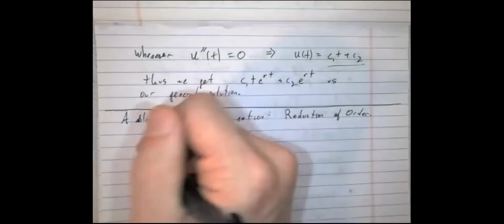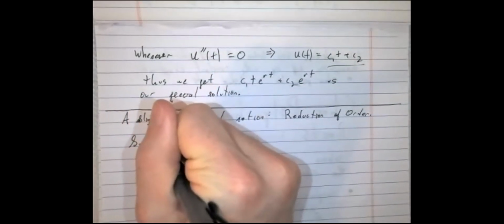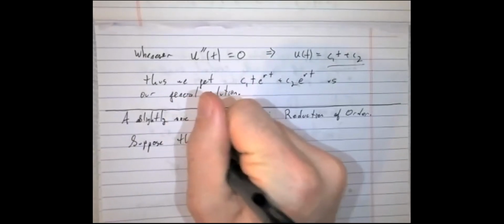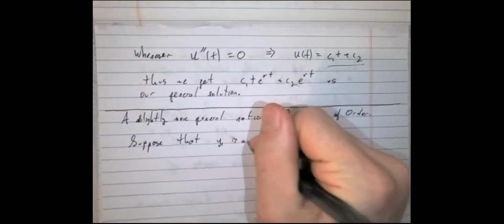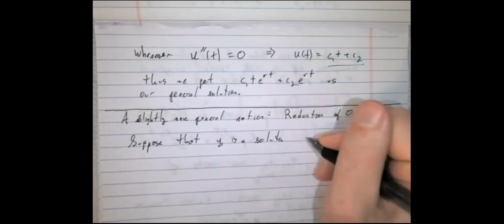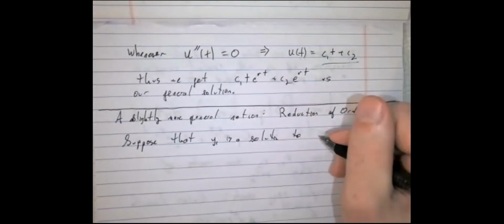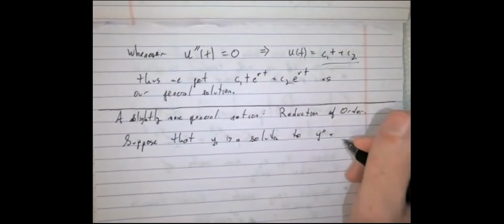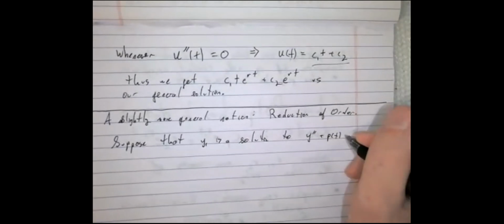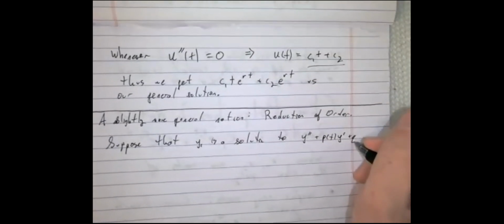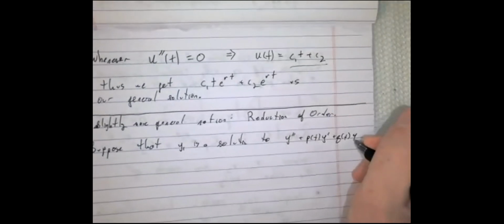So suppose that y1 is a solution to y double prime plus p of t y prime plus q of t y is equal to 0.